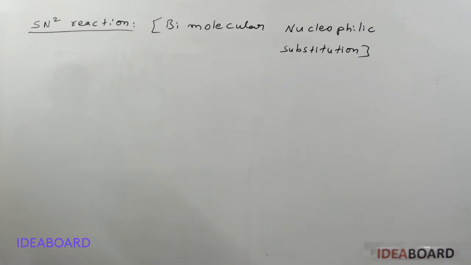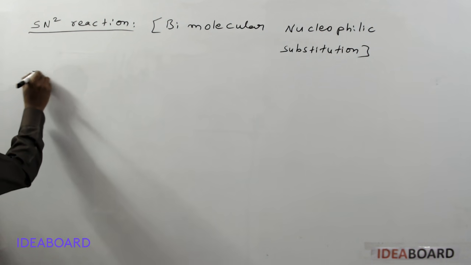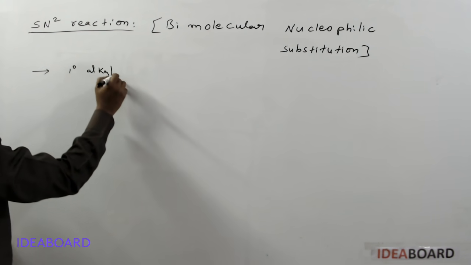Here, what is the SN2 mechanism or SN2 reaction? Generally, SN1 reaction is shown by tertiary alkyl halides, but SN2 reaction is shown mainly by primary alkyl halides.